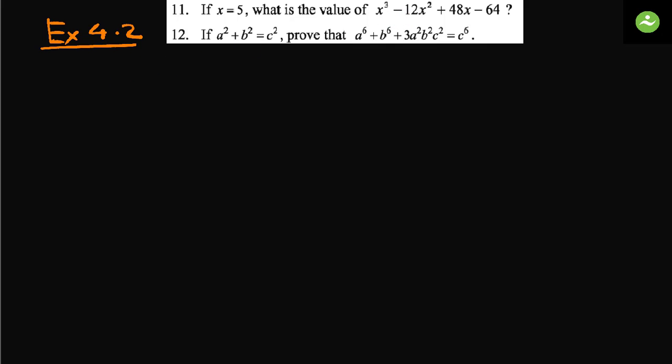Let us write the (a minus b) whole cube formula. (a minus b) whole cube equals a cube minus 3a square b plus 3ab square minus b cube.